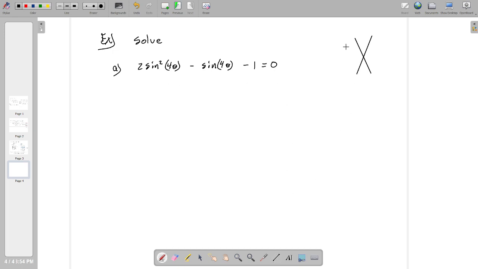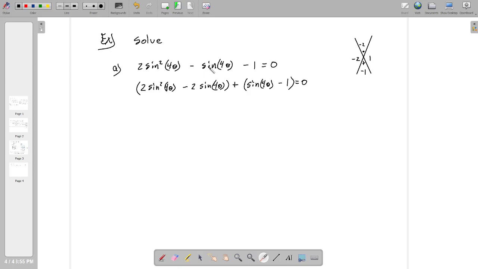We look for two numbers that multiply to -2 and add to -1. Two numbers that multiply to -2 and add to -1 are going to be -2 and 1. So we get 2 sine squared 4 theta minus 2 sine 4 theta plus sine 4 theta minus 1 is equal to 0.